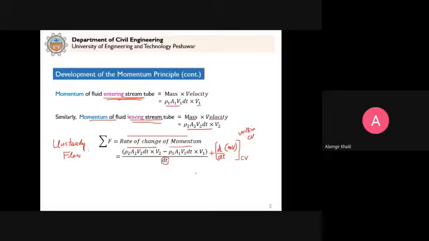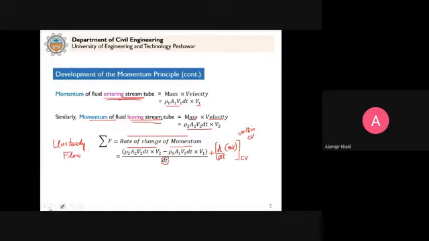Now that we consider also the rate of change of momentum within the control volume, we have the rate of change of momentum. Clear? This is the momentum of fluid entering the stream tube. This is the momentum leaving the stream tube. And also we consider the rate of change of momentum within the control volume. So in this case, it is applicable to the unsteady flow problem.